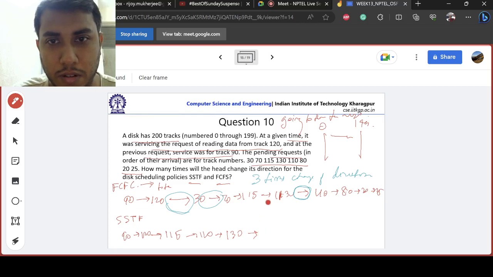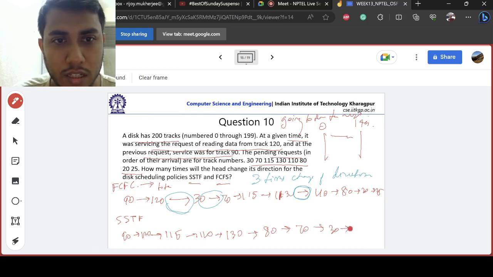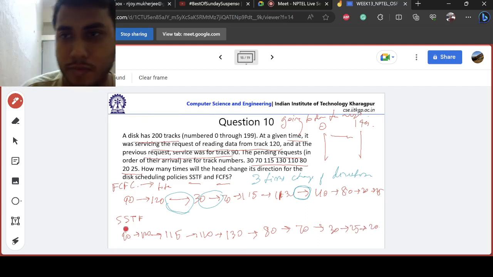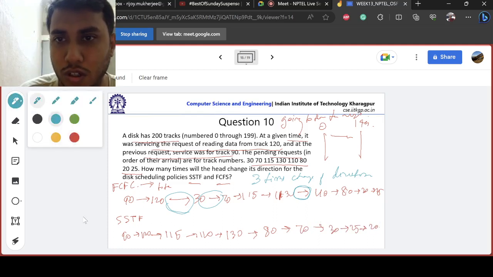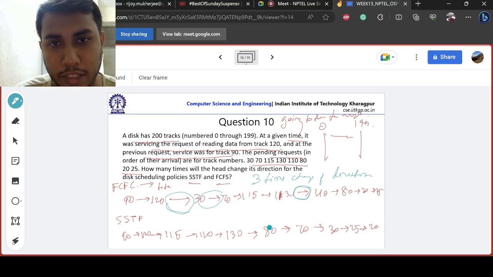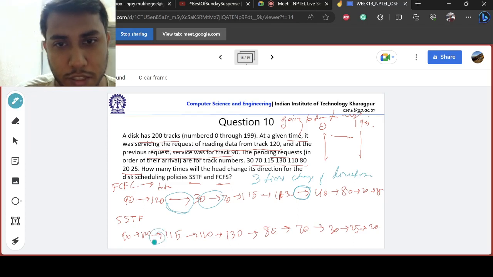Then we go backward. So it is 80, 70, 30, 25, 20. So in total, how many changes are there? This is one change.